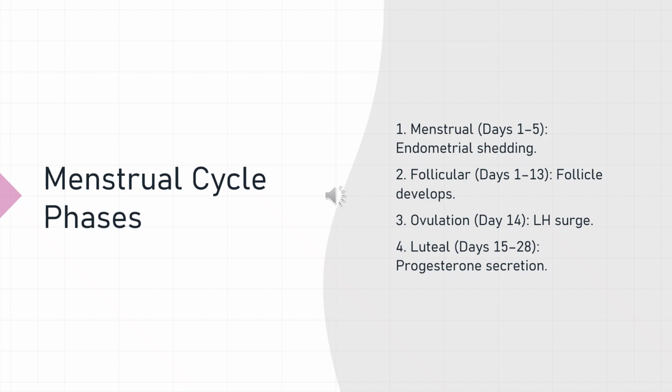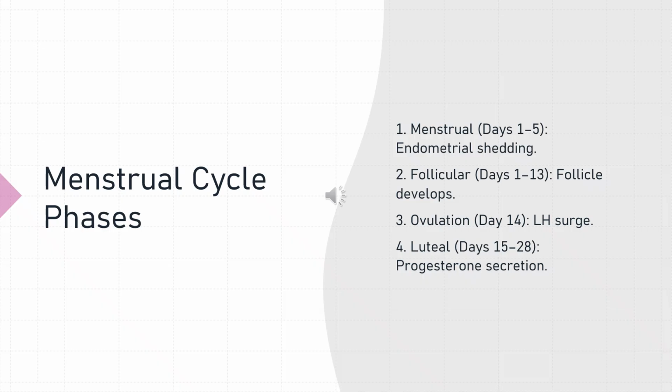Days 15 to 28 is your luteal phase. During this time, the ruptured follicle becomes the corpus luteum. This secretes progesterone and a little bit of estrogen, which helps to stabilize and thicken the endometrium for implantation.